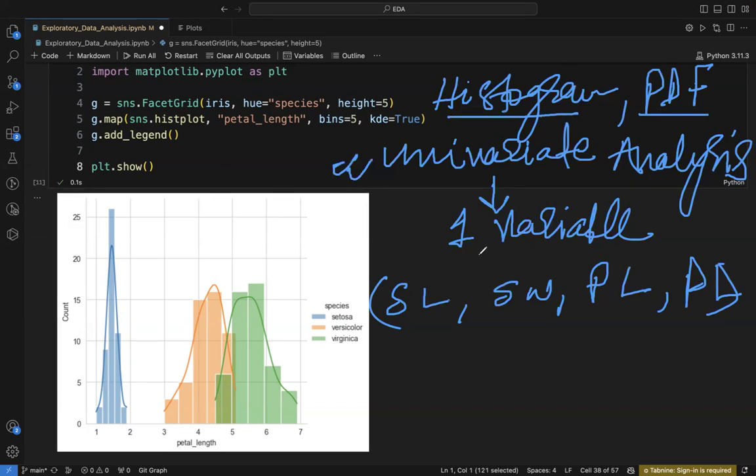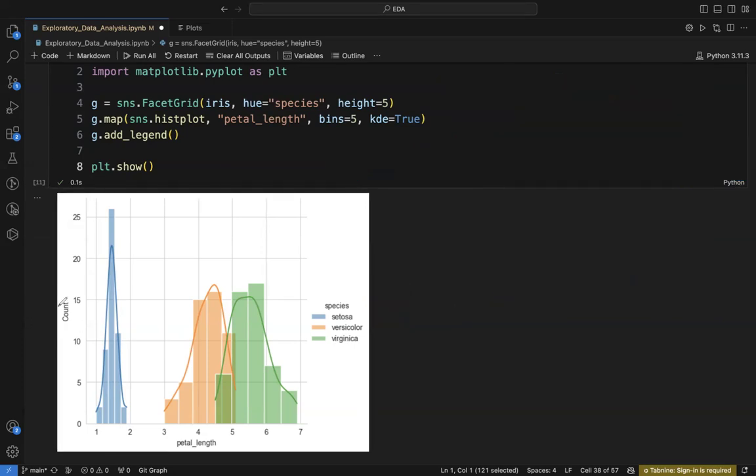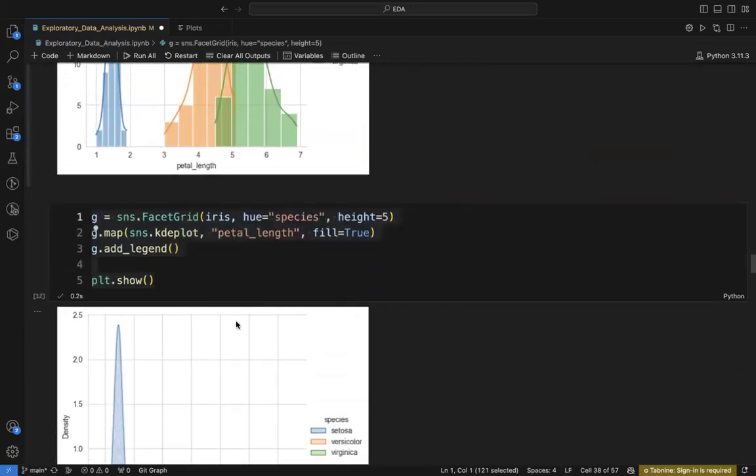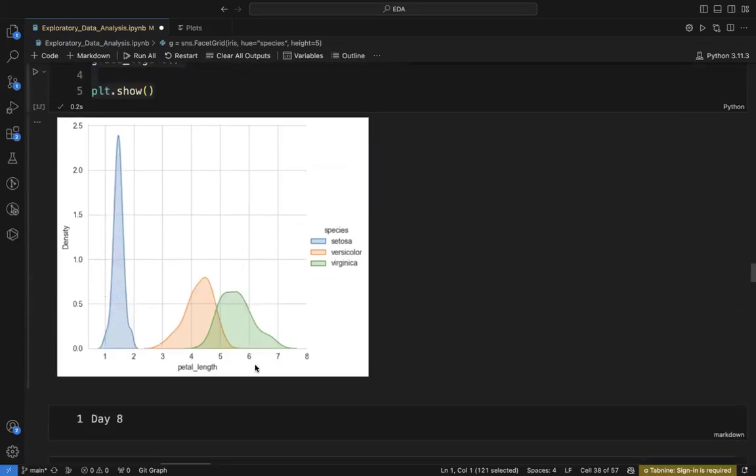First, what I have done here is my histogram on petal length. This is my petal length and this is the histogram on petal length. And this is the probability density function on my petal length.